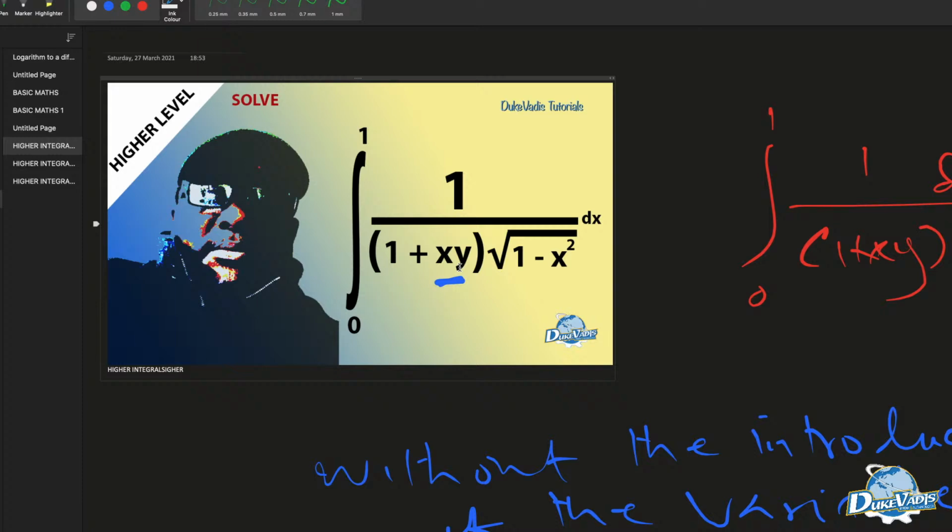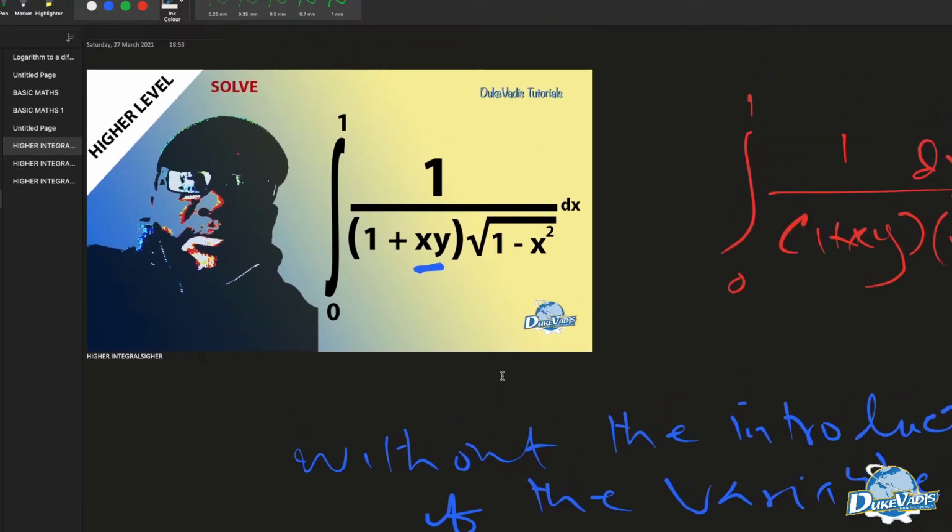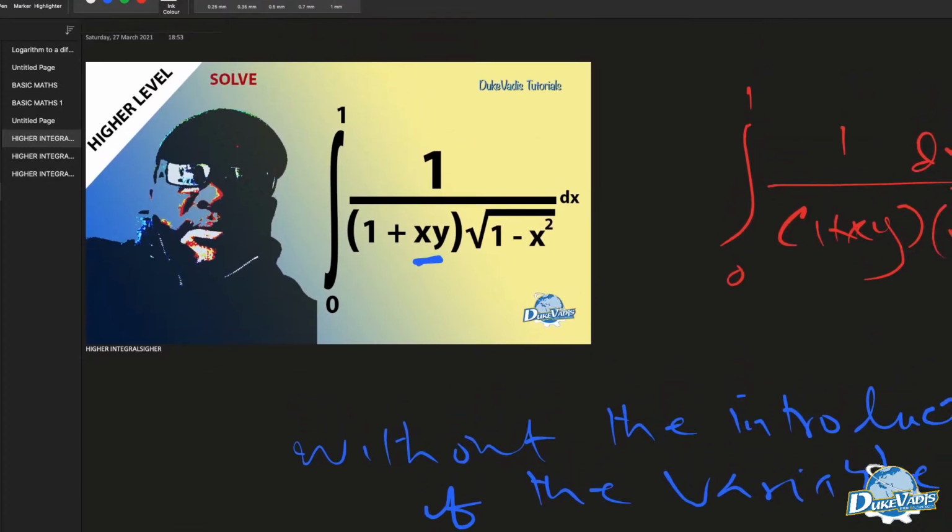Without the introduction of the variable y, as I've written over here, it would have been easy to manage. So without wasting time, let's see how best we can break it down for everybody to be happy.